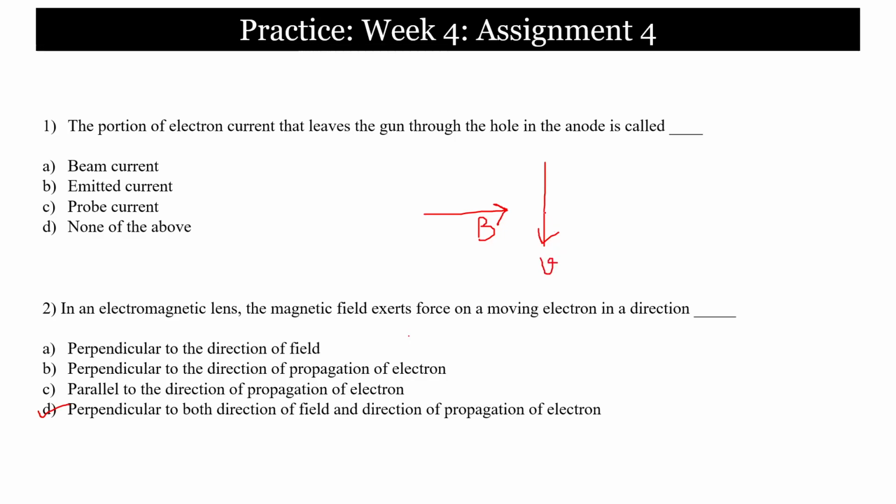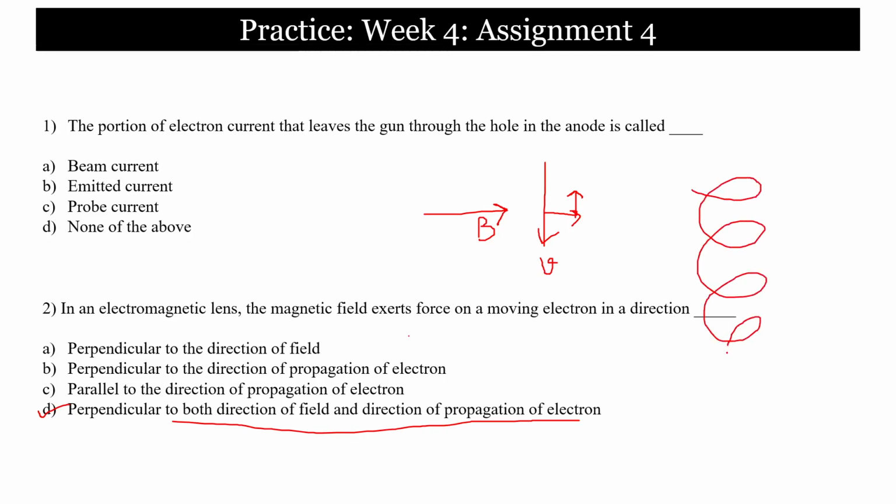It experienced first a force in this direction, then a force in this direction. So it experiences a force perpendicular to both the direction of field and the direction of propagation of electron. As a result, it follows this spiral kind of path, and as the beam converges, it also converges. So option D is the correct answer.